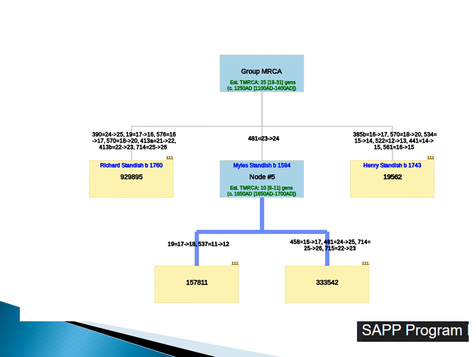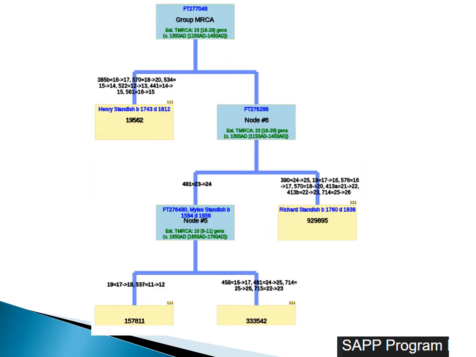In the next slide, we will add the SNP values, which changes the chart a little for the most recent common ancestor. In this chart, I added the SNP or haplogroup values from the MHT from SAP. As a result, the MRCA of the group is noted to be about 1300 AD, or the 14th century, and 23 generations.